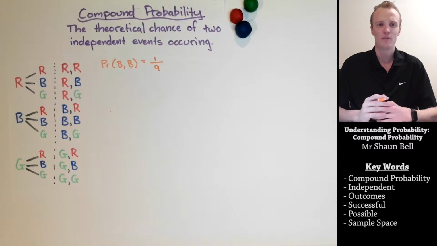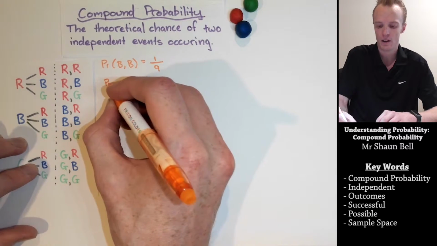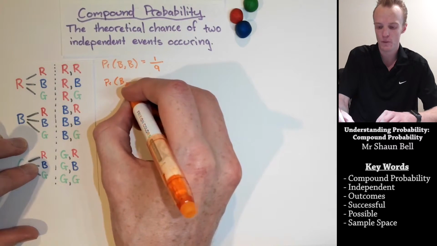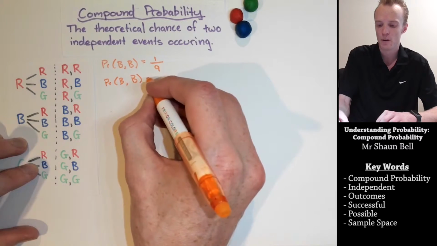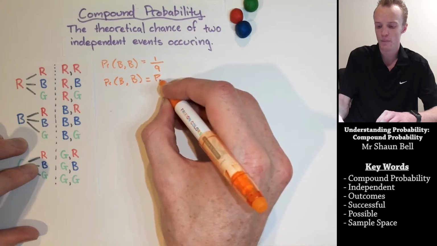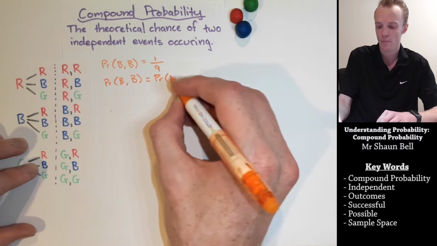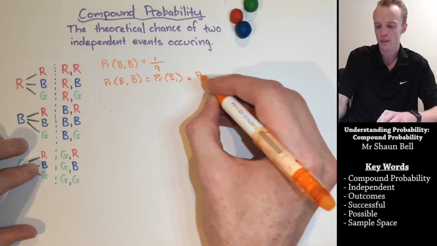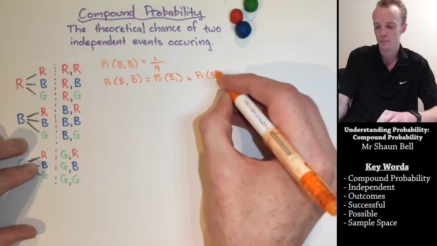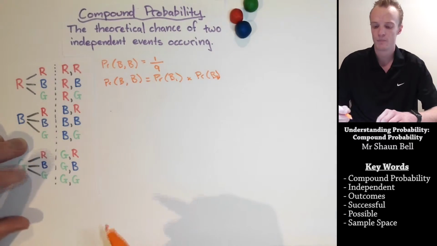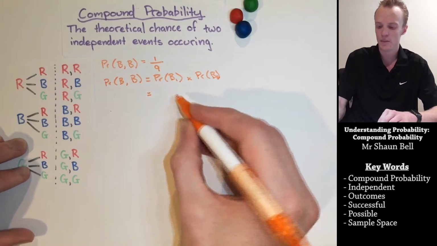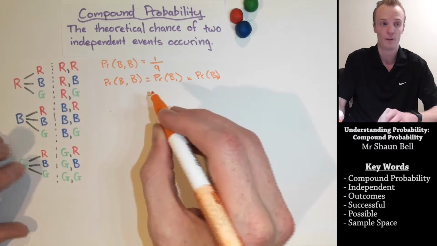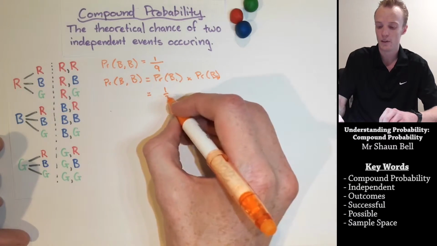However, we can actually find this another way. We can actually find this probability of getting a blue ball followed by a blue ball by multiplying the probability of getting a blue ball on the first selection with the probability of getting a blue ball on the second selection. Now, if we break this down, the probability of getting a blue ball on the first selection is 1 in 3.